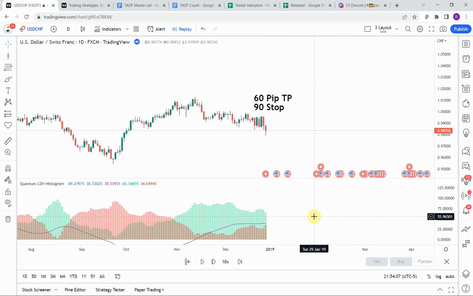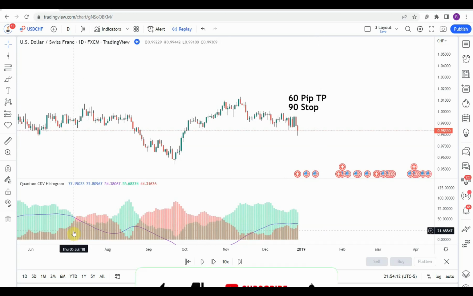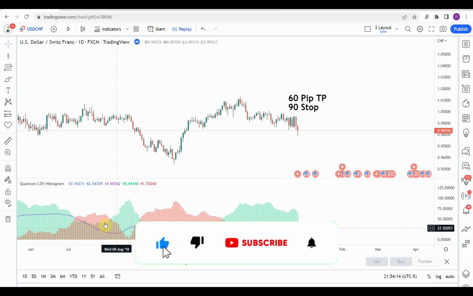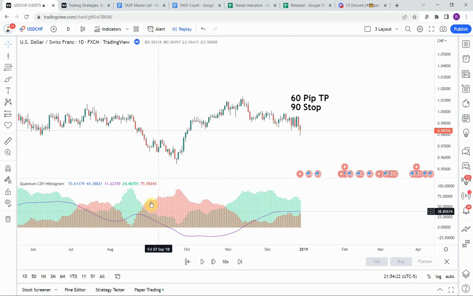To look at the indicator, we basically have these brown histogram bars. You can see we have red histogram bars, we have green histogram bars, and then we have this purple line kind of oscillating through the indicator there.